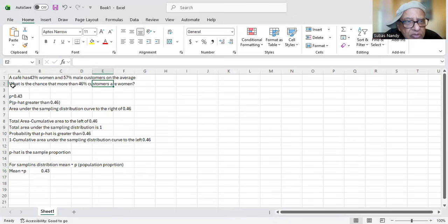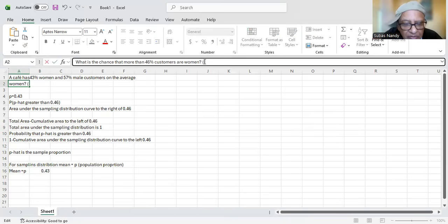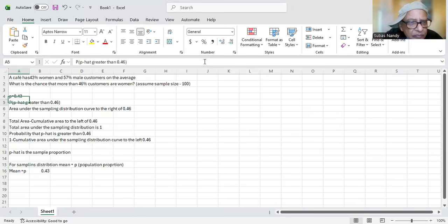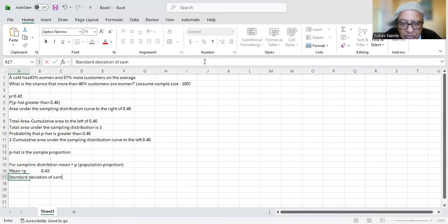So in this question, the question is what is the chance that more than 46%? So we have to assume a sample size. Assume sample size is equal to 100. Okay. So mean is P. Standard deviation of sampling distribution means probability distribution of sample proportion.